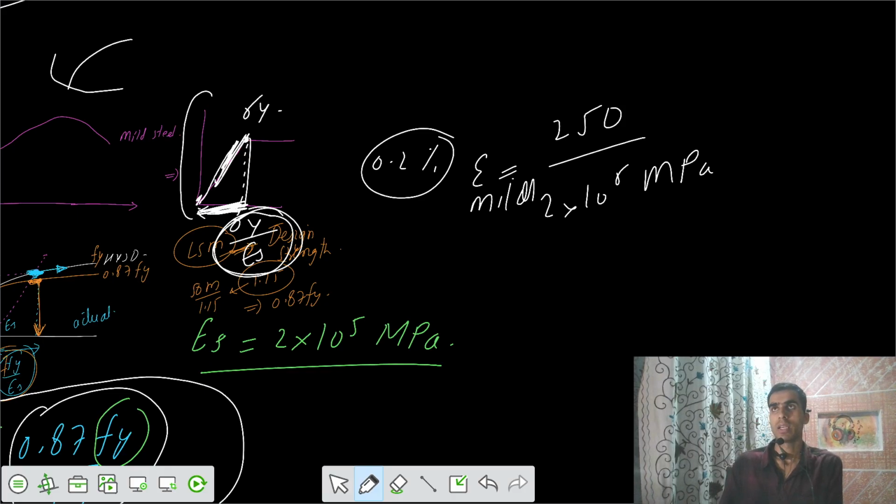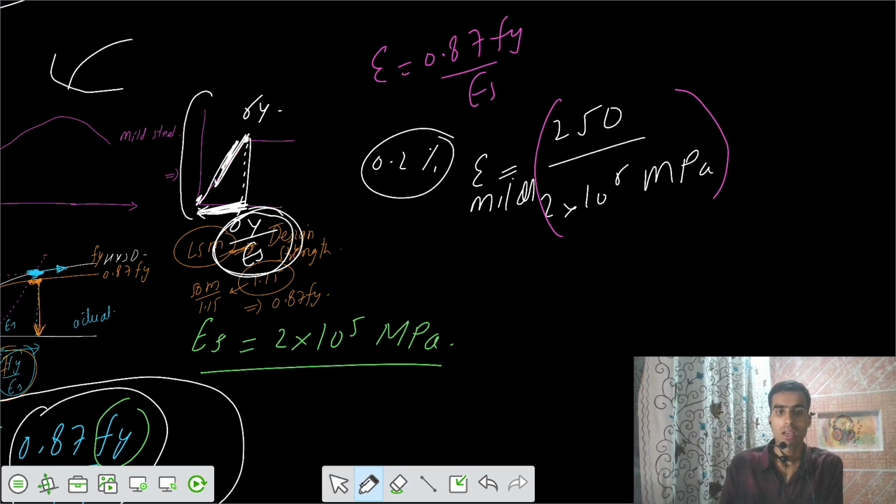One more thing: we are not talking about real behavior, we are going by some factor of safety, because we are talking about design strength. So we write strain equals 0.87 Fy by Es.